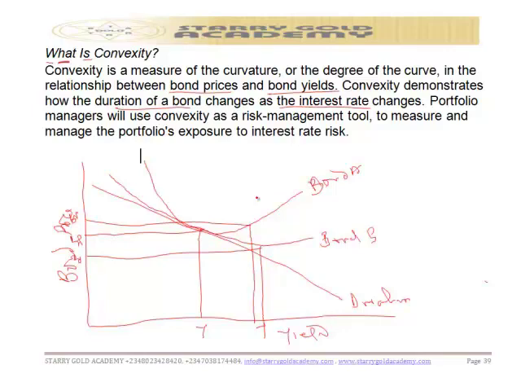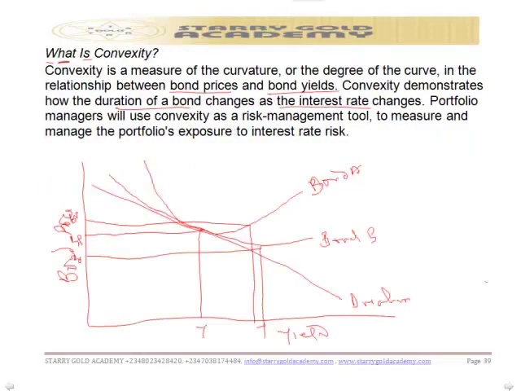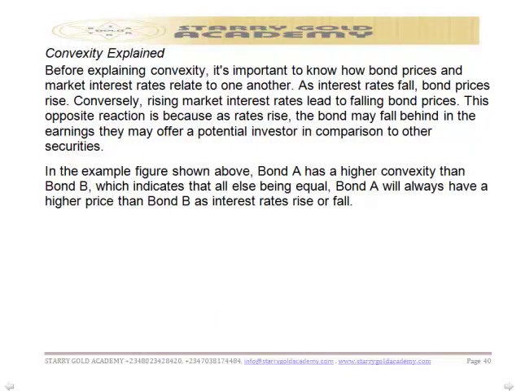But we need to go further. Let's try to explain this concept a bit further so we can get the proper perspective of it. Now, before we try to explain that, it is important to know how bond prices and market rates relate to one another.